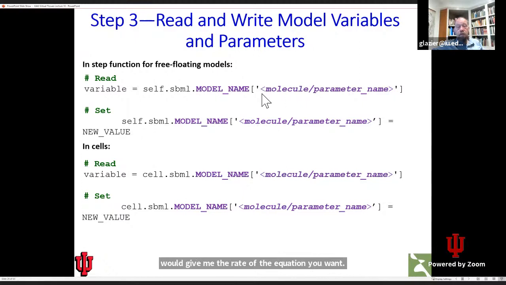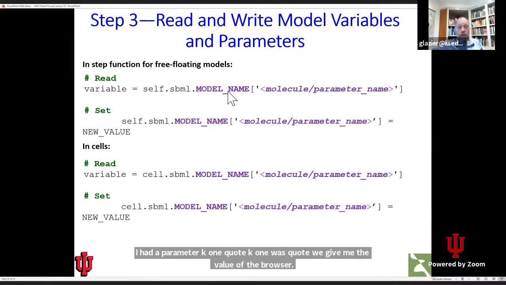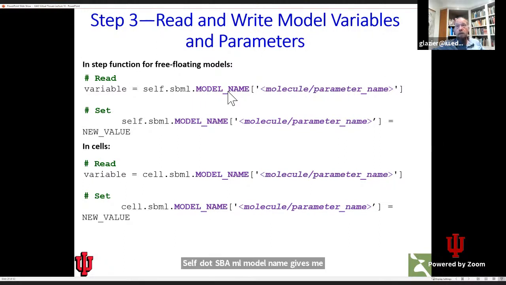If I had a variable T, quote T, close quote, would give me the value of T. If I had a parameter K1, quote K1, close quote, would give me the value of the parameter. Self.sbml.modelname gives me a free-floating model. Variable equals is to read it out. If I want to set it, I just say self.sbml model, et cetera, equals value.